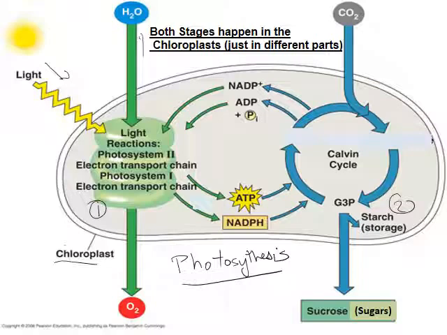We're going to be talking about the first stage, what's often called the light reactions, in just a minute. As you can see in this diagram, it needs light, obviously. That's why it's called the light reactions. It also needs water, which is coming in from the outside, probably from the roots of the plants. It's also going to need some electron carriers. Remember, with cell respiration, we had electron carriers called NAD.